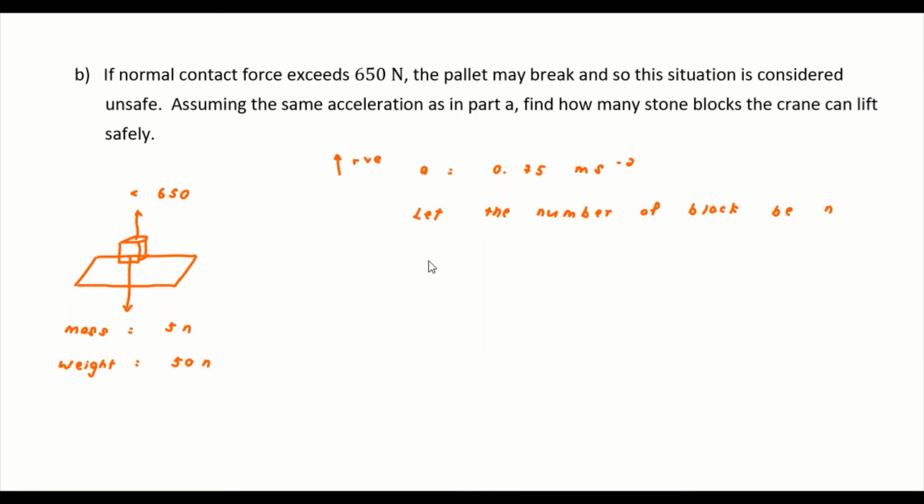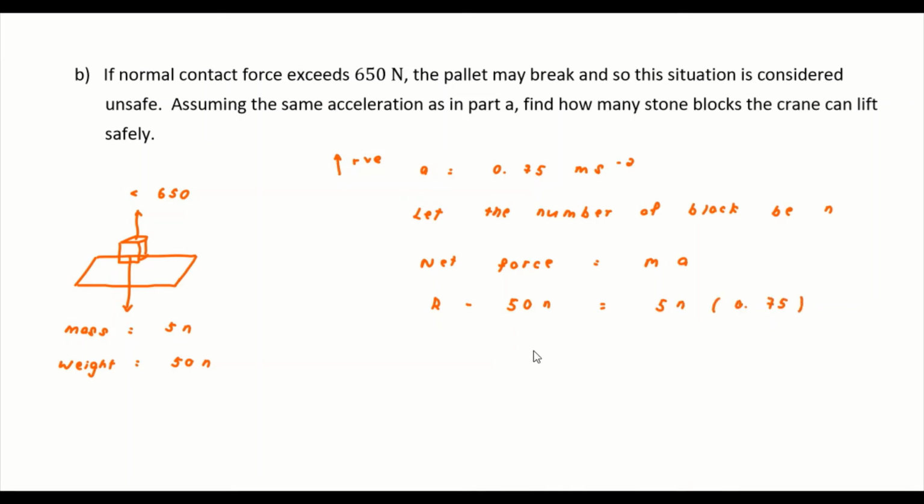Net force equals M multiply A, so the resultant R minus the weight, which is 50n, will be equal to the mass, which is 5n, times A, which is 0.75.